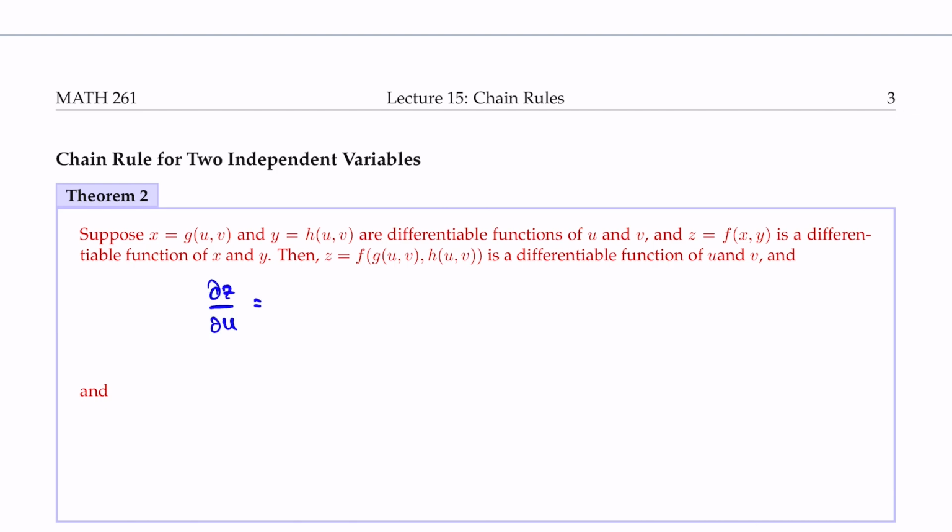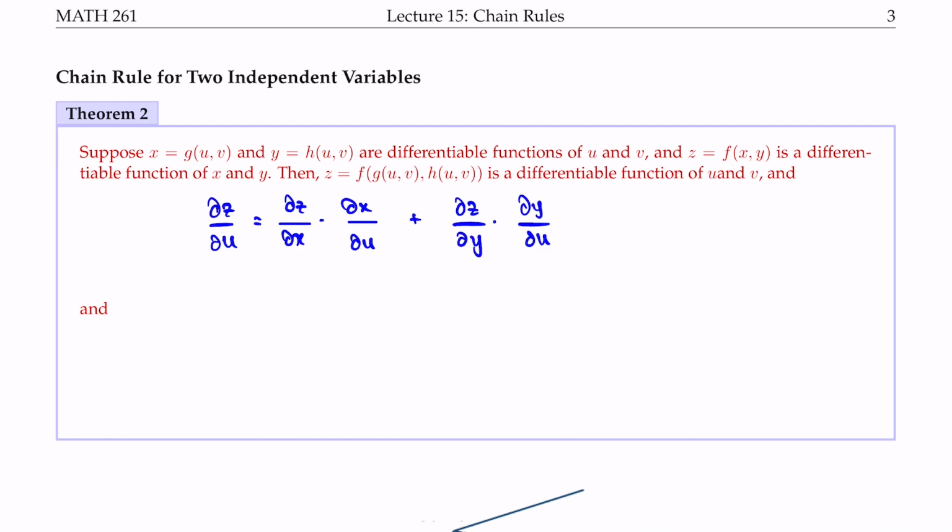And we have the following formula. That is partial z partial u equal to partial z partial x times partial x partial u plus partial z partial y times partial y partial u. So that's one formula.